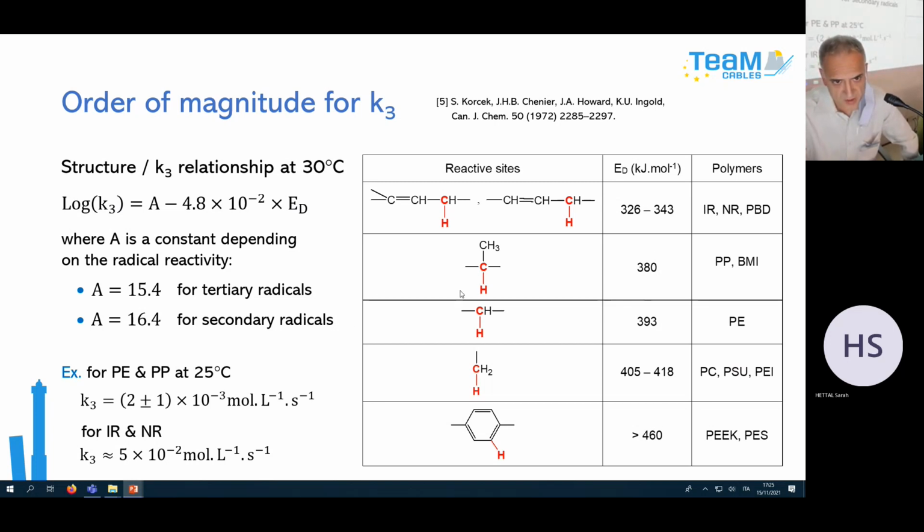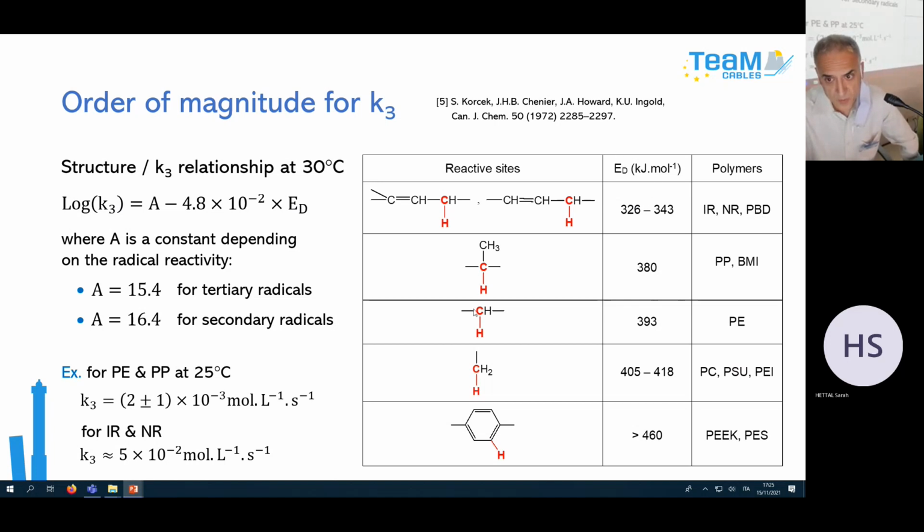So in the case of polyethylene, you can see that polyethylene is a moderately oxidizable polymer. It is much less oxidizable than unsaturated elastomers like polyisoprene, natural rubber, and polybutadiene, for instance.